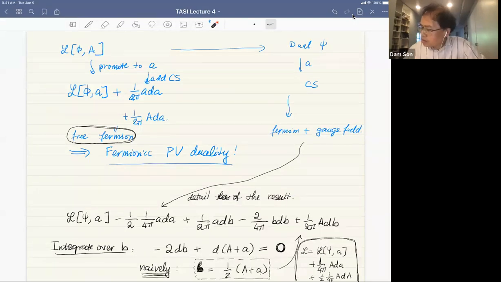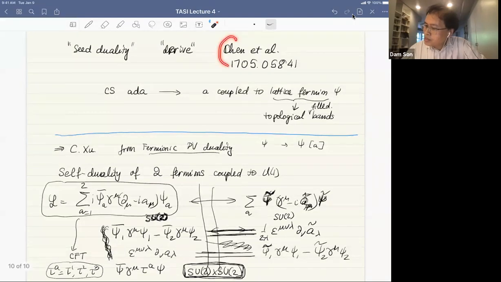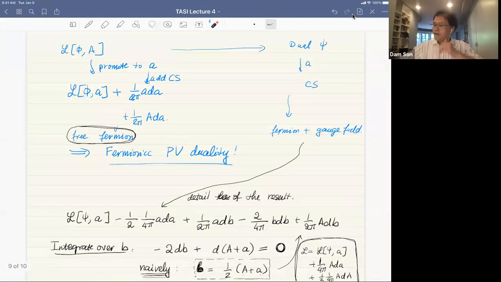I'm sure the people I cited here have thought about that, but their realization of the Chern-Simons terms is more complicated. It's a gauge field coupled to lattice fermions. So I'm not able to answer your question, because I don't have in my head the form of this lattice action. I'm sorry.